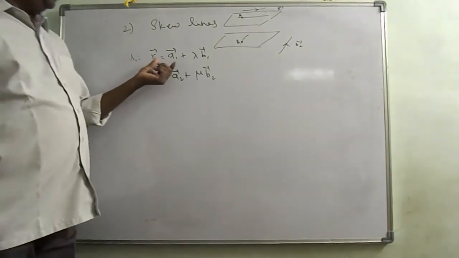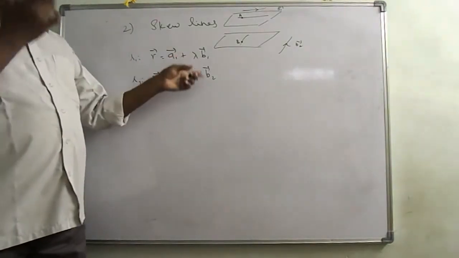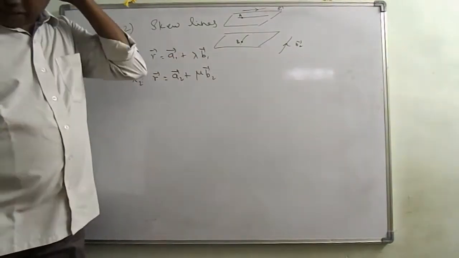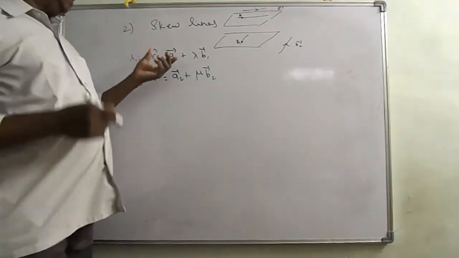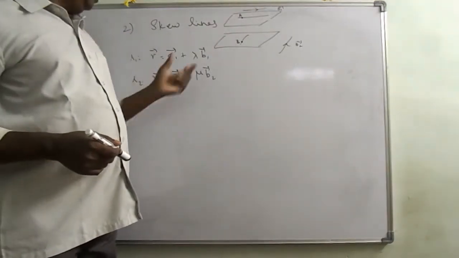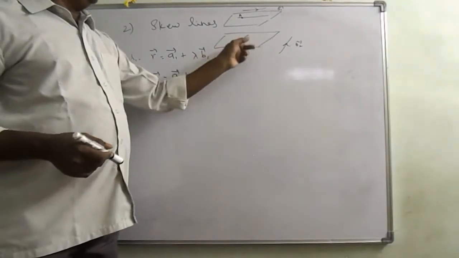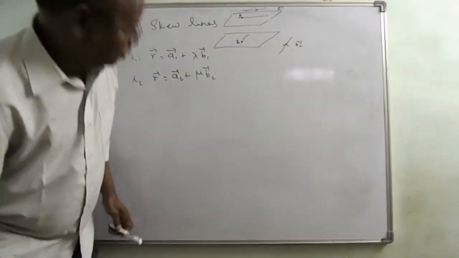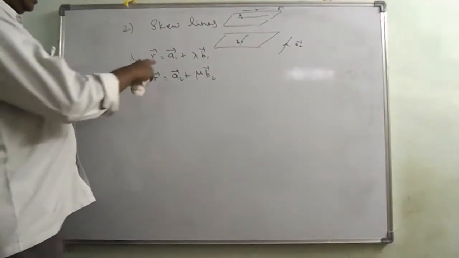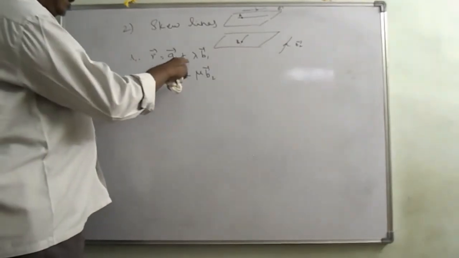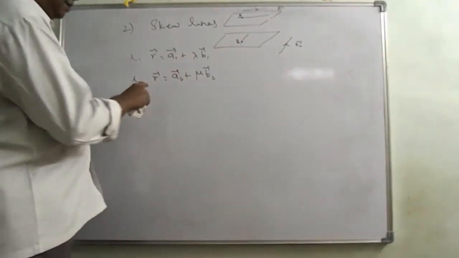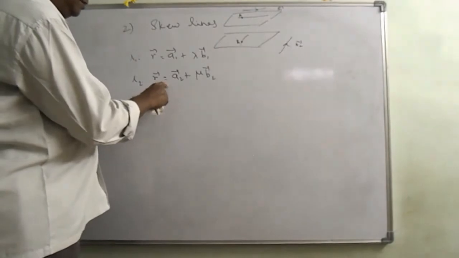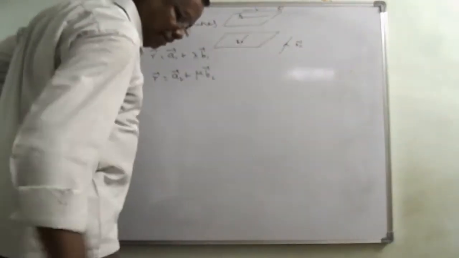So the lines have different points and different parallel directions: for the first line the direction is B1, and for the second line the direction is B2.